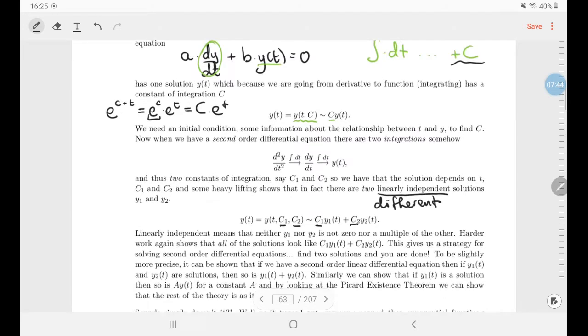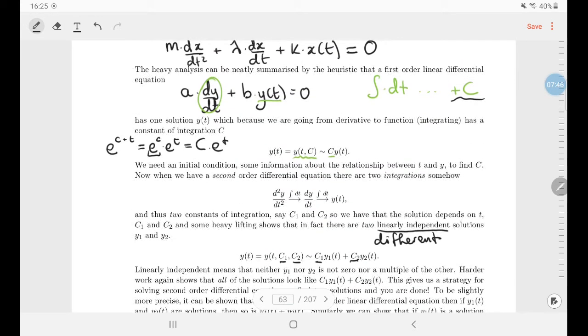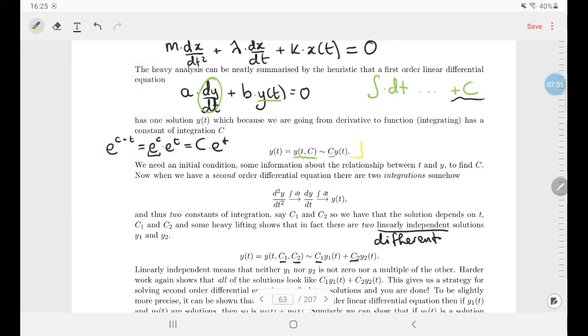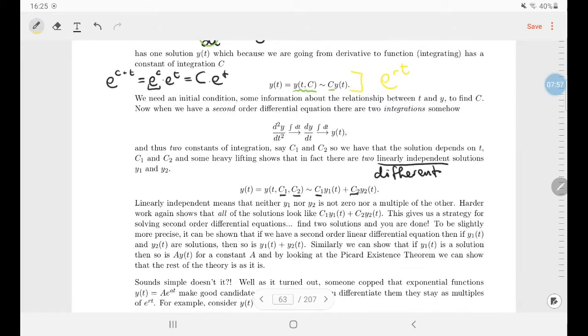So the first order has essentially one solution. It's going to be of the form e to the rt. This thing has two. So you're going to have like e to the r1t and e to the r2t. Now, if you ask, where the hell are you getting this e to the r? Don't worry about that yet.